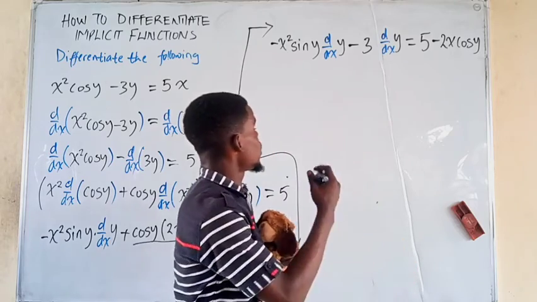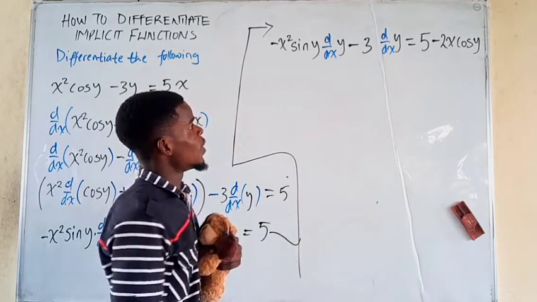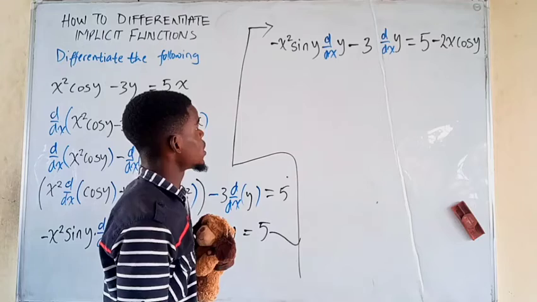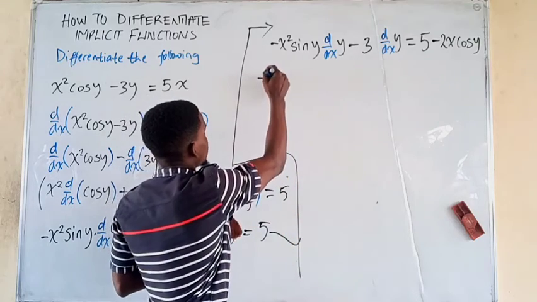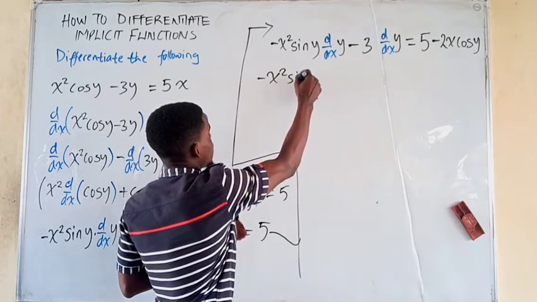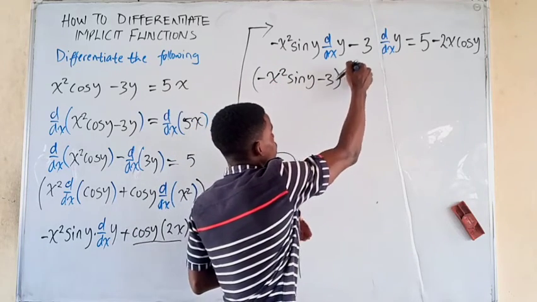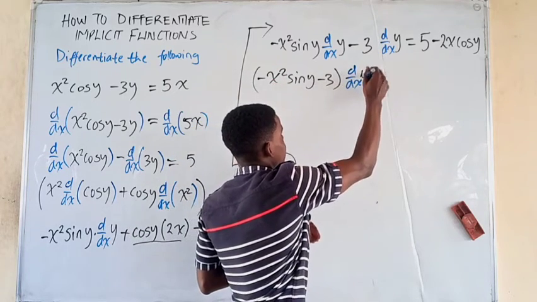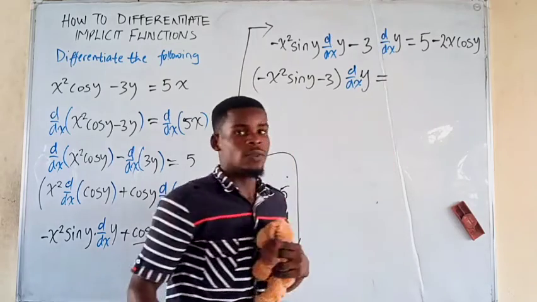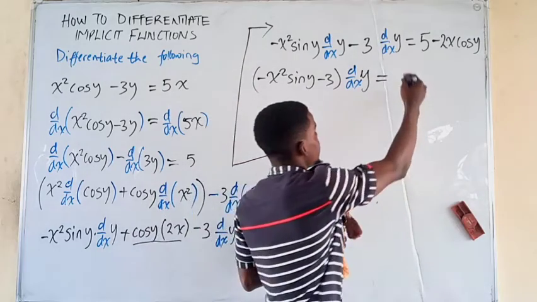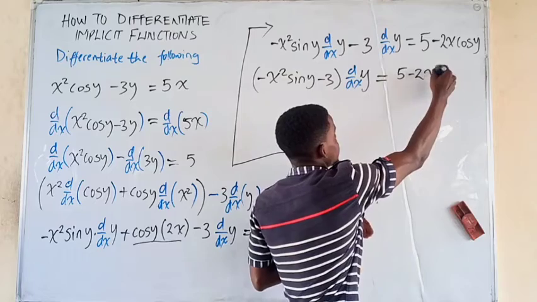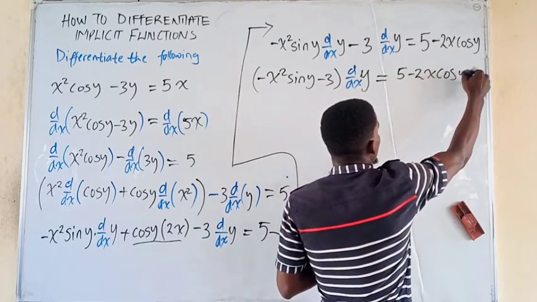Okay, and now here we can factor out dy/dx on the left-hand side. That means we're going to have negative x squared sine y minus 3, multiplied with the derivative with respect to x of y, and this right here is equal to 5 minus 2x cos y.